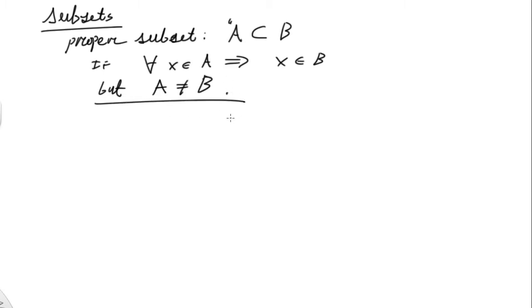And that's very key. That's this side condition we have. Certainly, if they were equal, this statement would also be true. But that means there are some elements that are in B that are not in A.